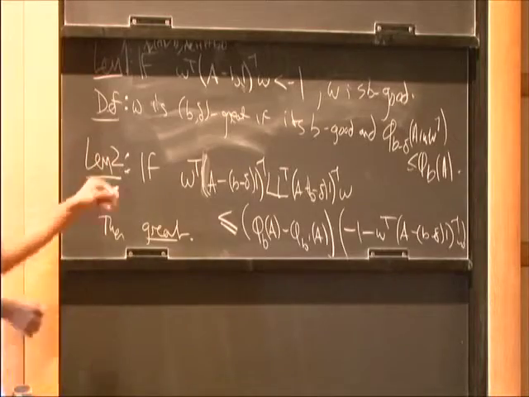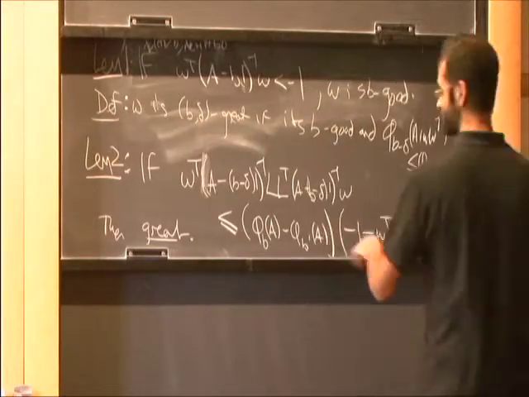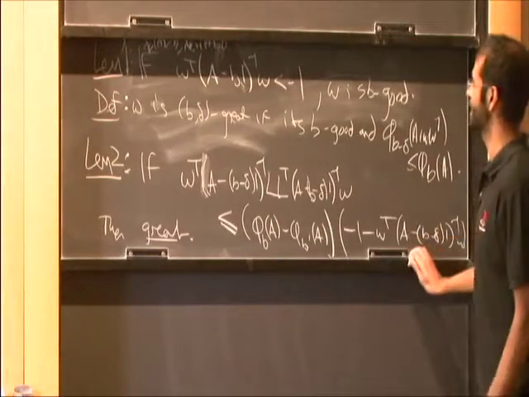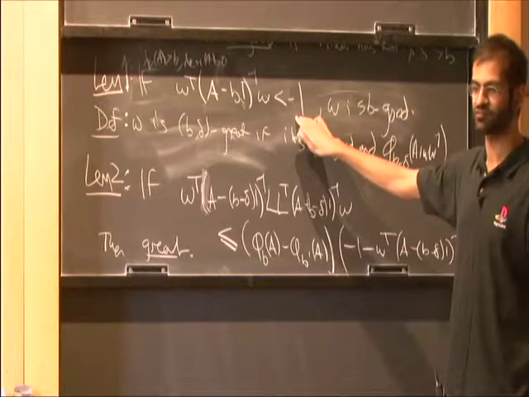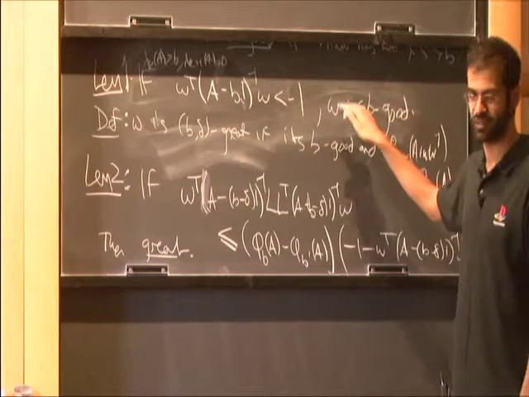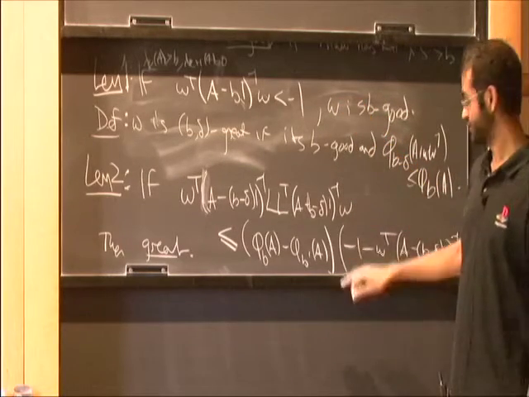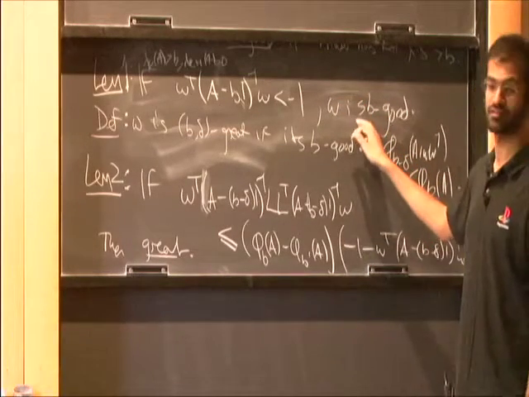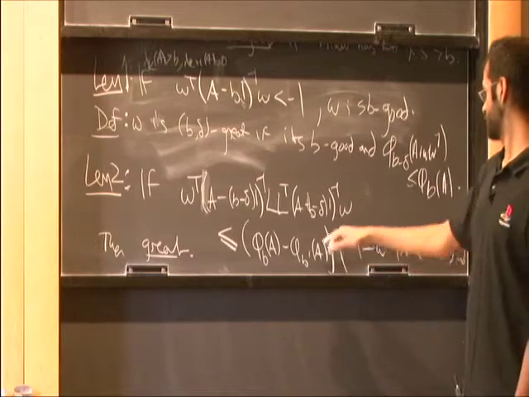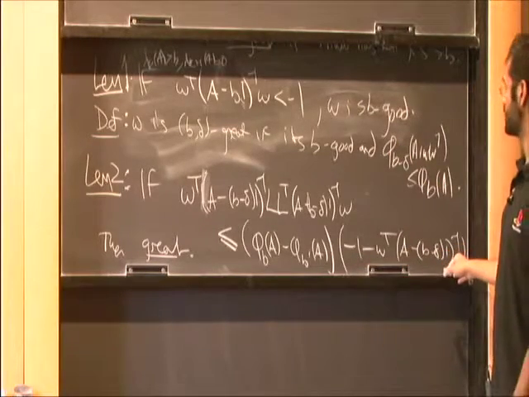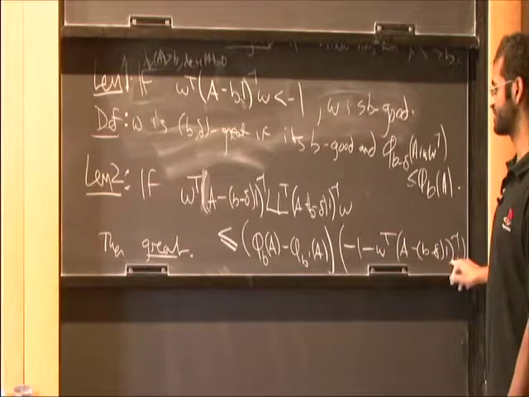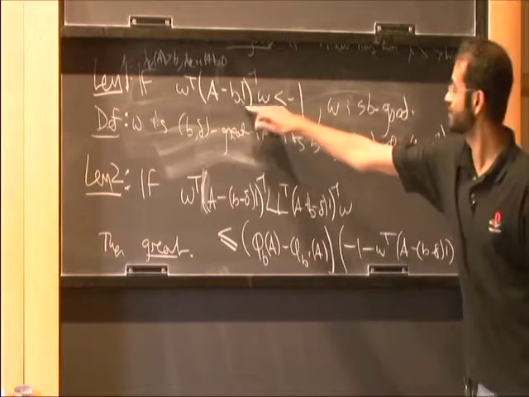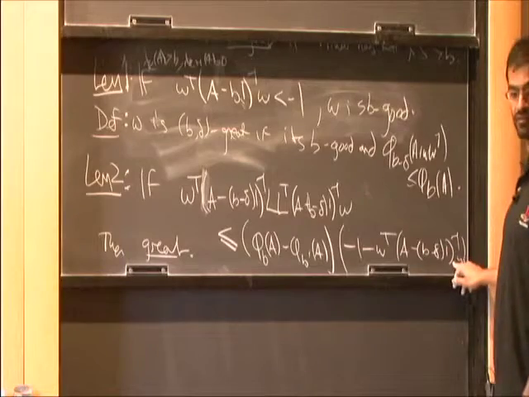This looks a bit weird, but what it's really saying, if you rearrange it, is that instead of asking for this quadratic form to be less than minus 1, it's asking for it to be less than minus 1 minus something else. So this is a strictly stronger condition than this one. Notice that this thing implies that this thing must be positive.